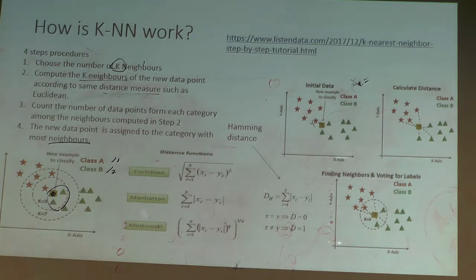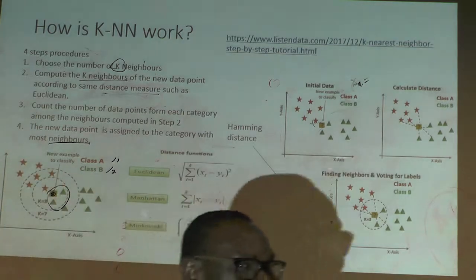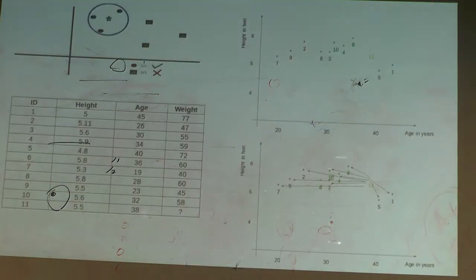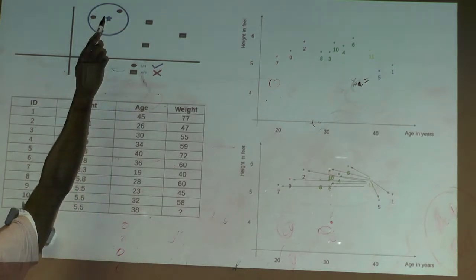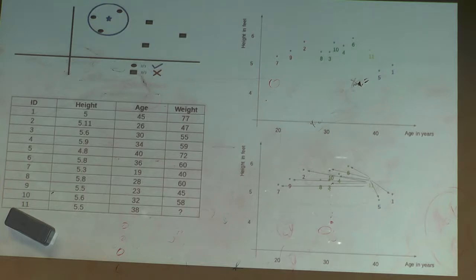That is what you call K nearest neighbor. It's as simple as that. Do you get it? Now, let's make it a little bit interesting. Look at this data that I have. I have about 6 points. Suddenly, somebody puts a point in this place.